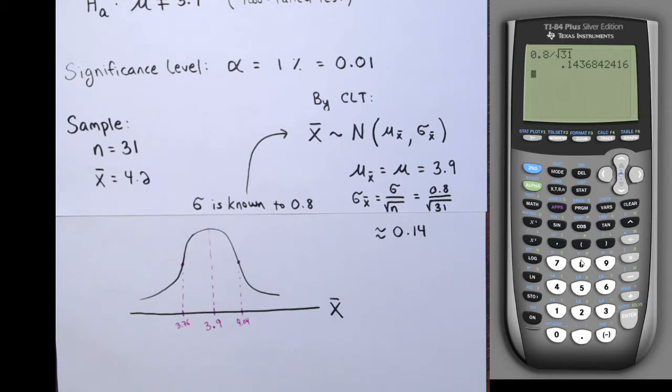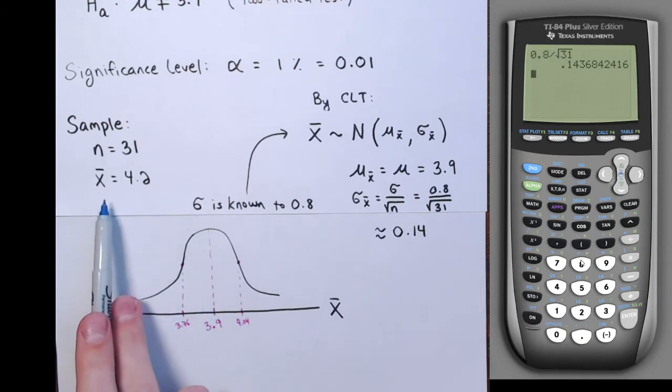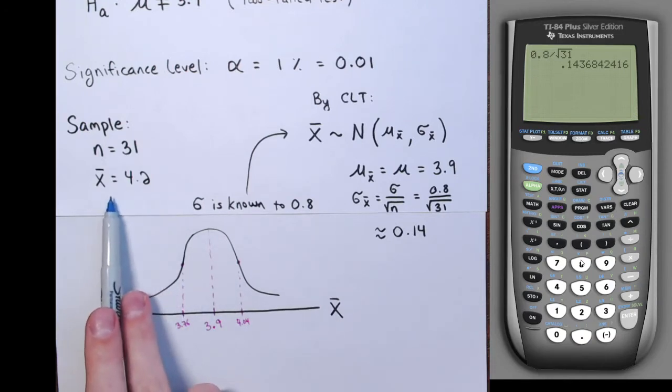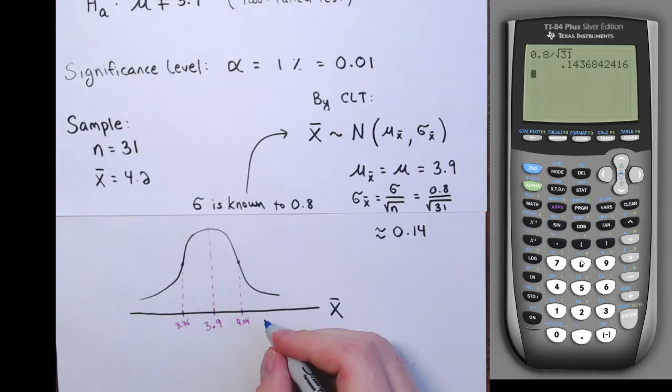All right, now, what do we do with this? So, we're assuming the mean is 3.9. They took a sample, and the average was 4.2. Now, let's see where that falls. That'd be over here. There's 4.2. Here's our x bar, our sample mean.